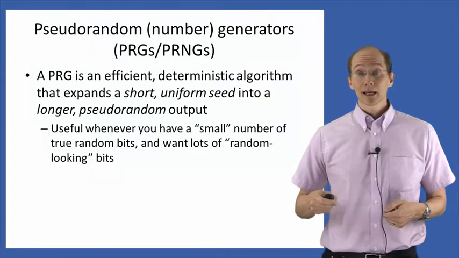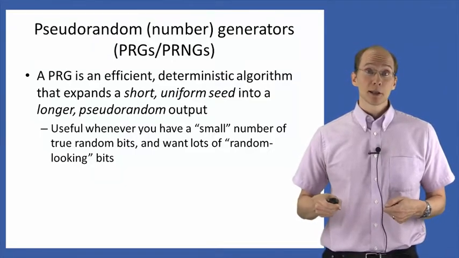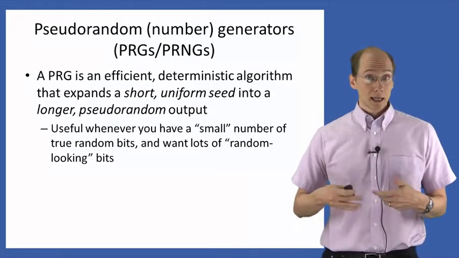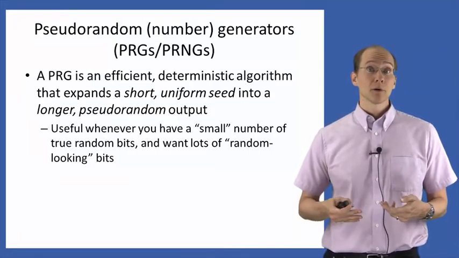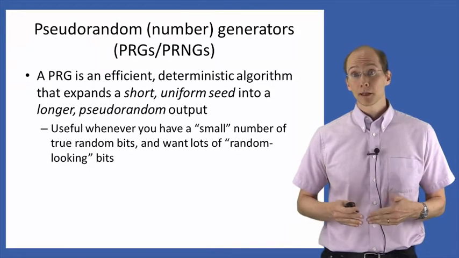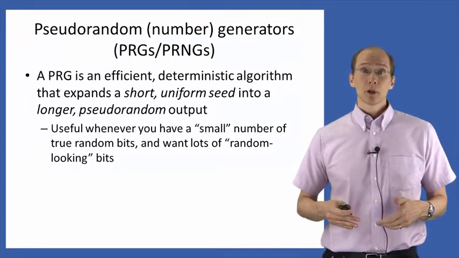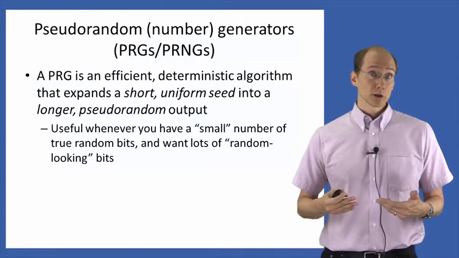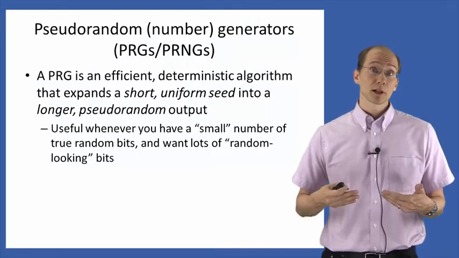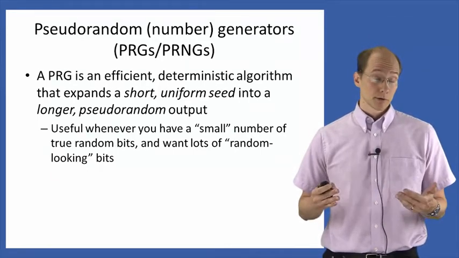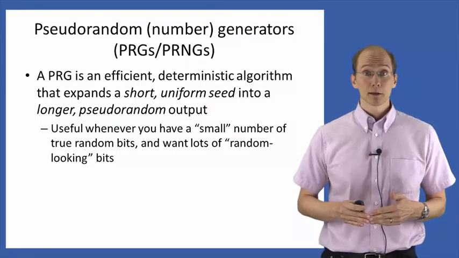You have to collect mouse movements or timings between network events or typing at the keyboard, and it takes quite a bit of effort and time to collect true random bits. So imagine that we've collected, say, 100 uniform and independent bits. This assumes we've collected them and then processed them appropriately to smooth them out and get some number, say 100, of true random bits.